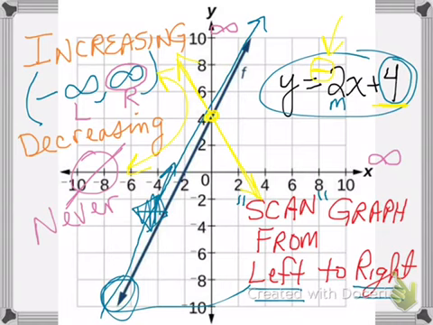It would only be decreasing. So linear equations are either always increasing and never decreasing, or never increasing and always decreasing. It depends upon the slope. And it would be cool if you can just look at the slope of an equation and see it in your head without actually graphing it and know if it's going uphill or downhill.